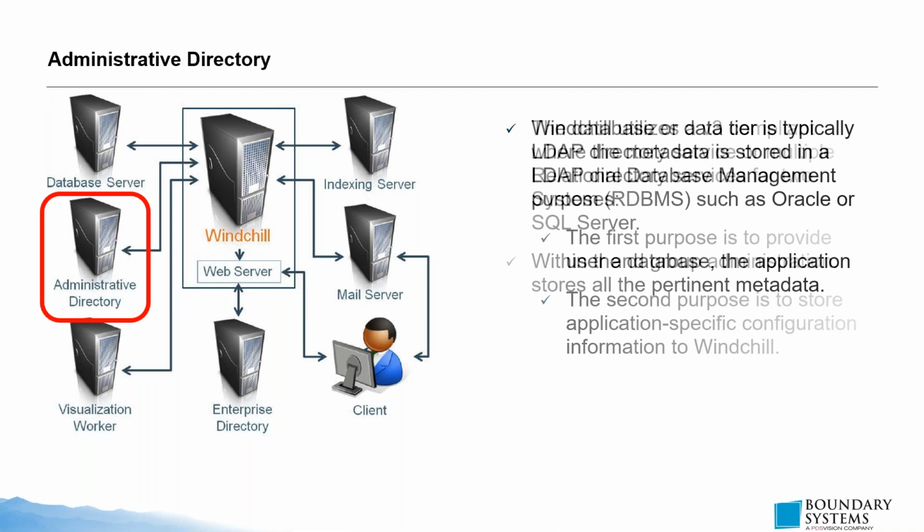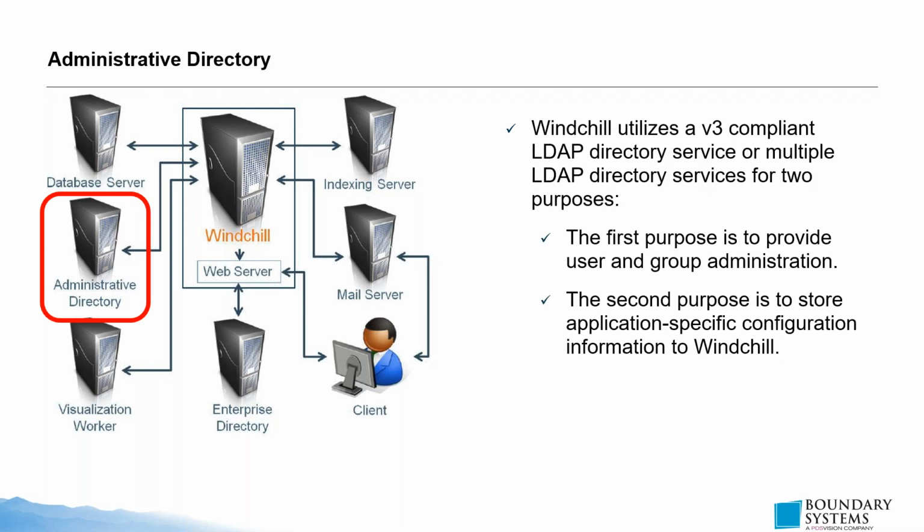Windchill comes bundled with an administrative directory called Windchill DS, or Windchill Directory Service, and that is where the user information is kept and authentication is done against. So username, password, and things like that are stored there in most cases, and I'll get to why it's only most cases. It also stores some application-specific configuration that Windchill uses internally.